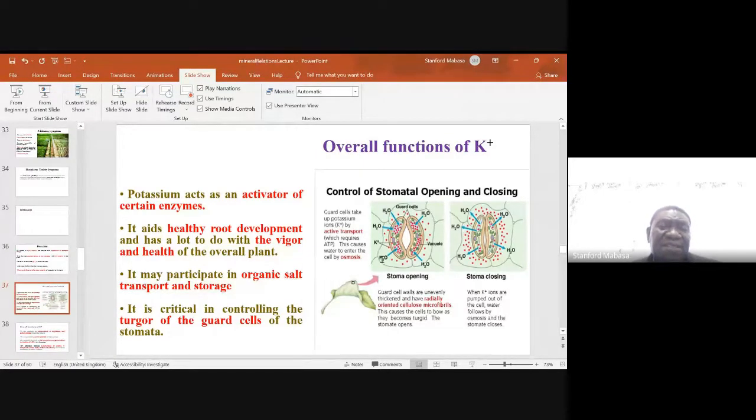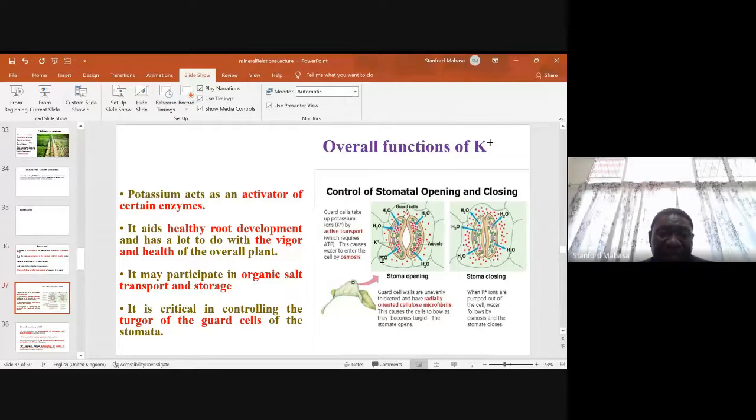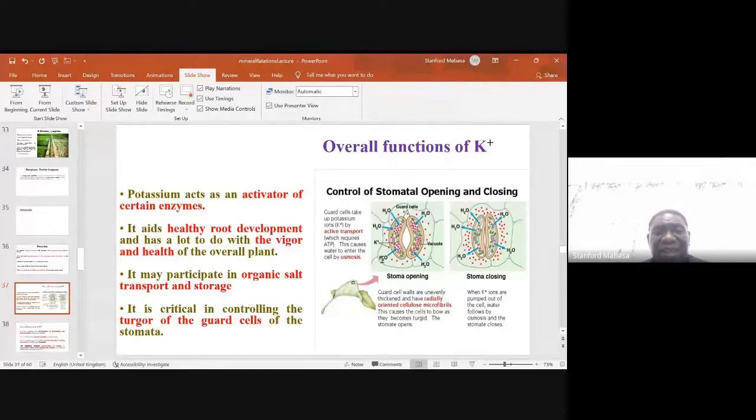It participates in the organic salt transport and storage. One of the functions which we have already discussed when we were talking about transpiration is that potassium is involved in the opening and the closing of the stomata by regulating turgor pressure of the guard cells. We now know that story.